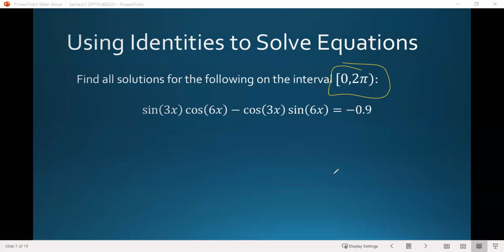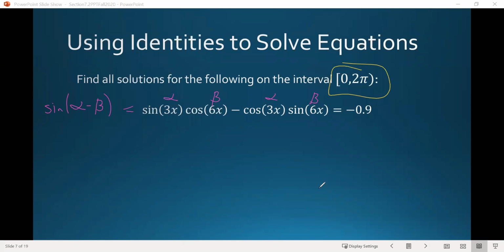Because we also note that if we think of 3x as alpha and 6x as beta, well, it looks like this matches the identity for sine of alpha minus beta.